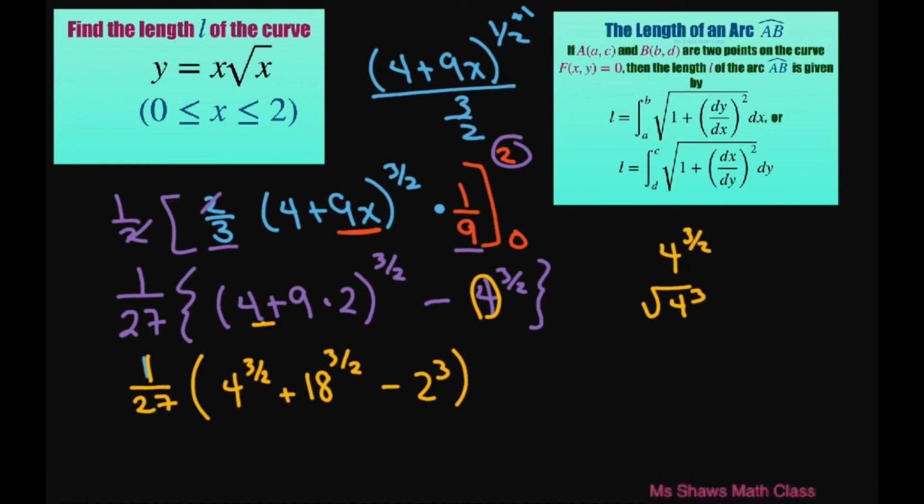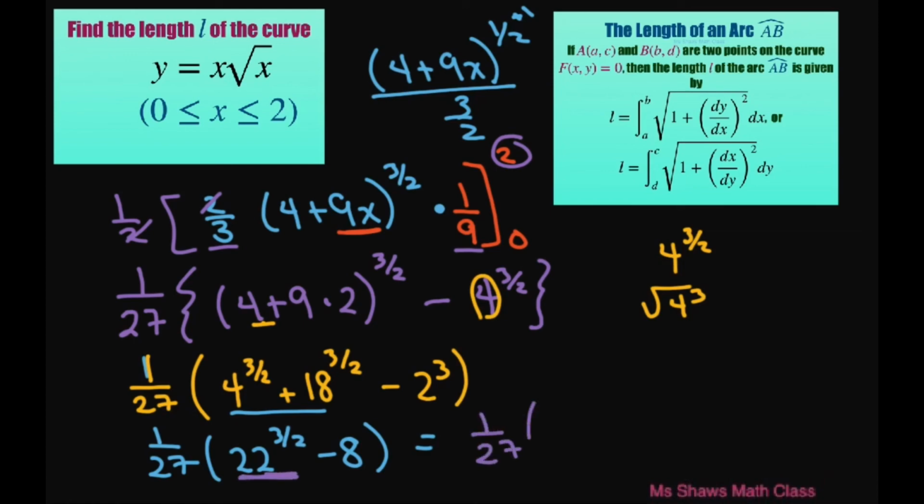All right, now this piece here, so we get 1 divided by 27. This is 22 to the power of 3/2 minus 8. All right, I can expand this a little bit and write this as 1 divided by 27. And this is 22 times the square root of 22, just like this is.